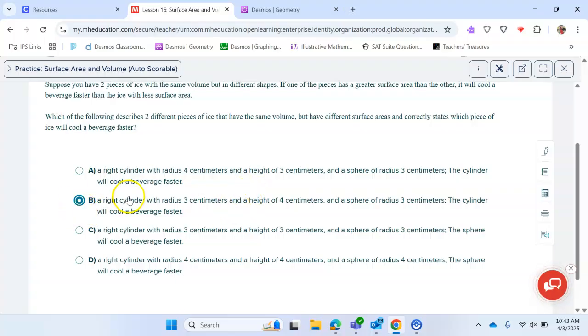A right cylinder with radius 3 centimeters, height of 4, and a sphere of radius 3 centimeters, the cylinder will cool a beverage faster because it has a greater surface area.